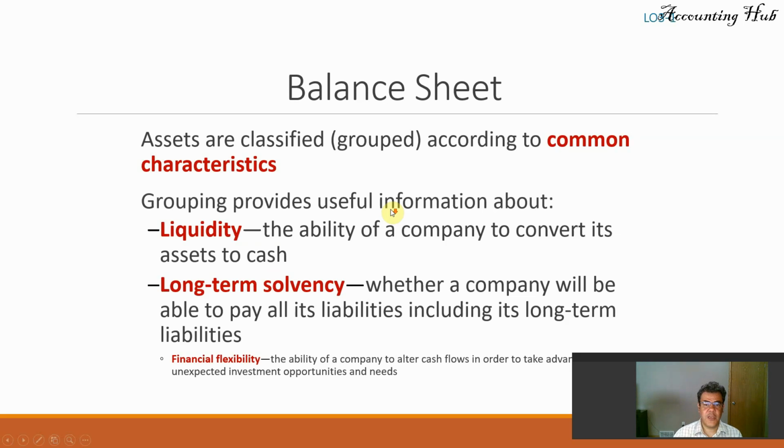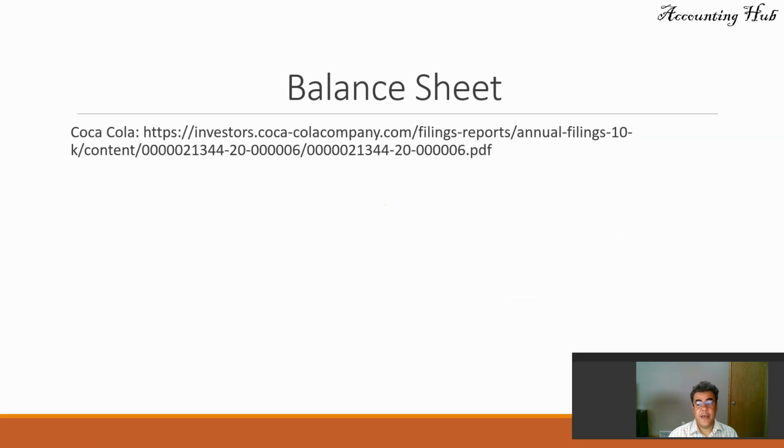So let's come here. Let's work with a real balance sheet. Let's work with the balance sheet of Coca-Cola. And it is not any classified information. They are available for free on their website. It is here. You can pause our video, copy it here, or much easier, go to our video description.